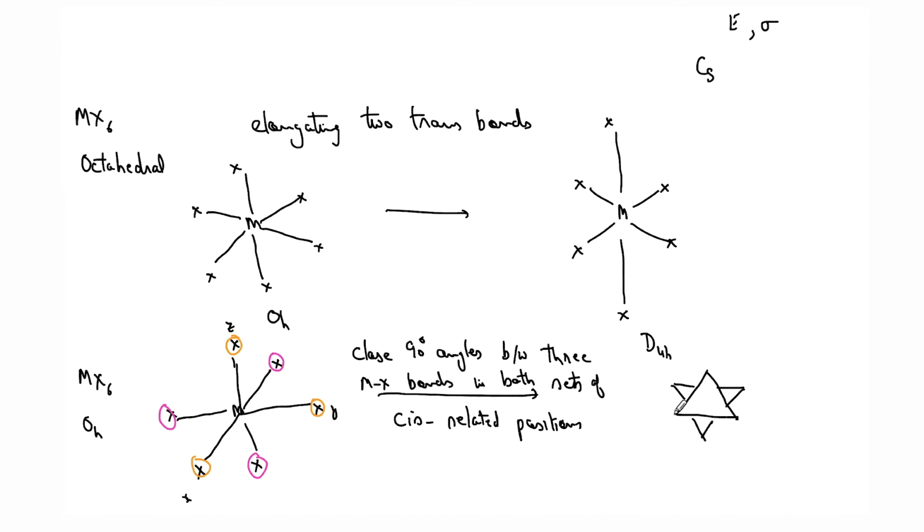But now these three vertices are not meeting at a point where those axes are forming 90-degree angle. So if I look from the side, it looks something like this. It looks like a cone shaped thing.